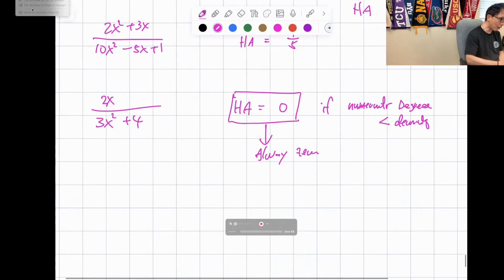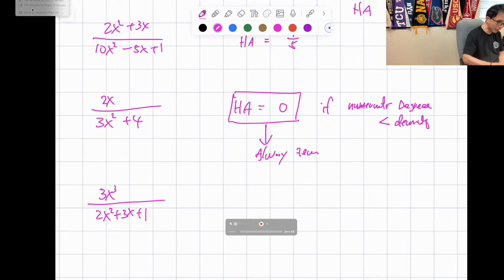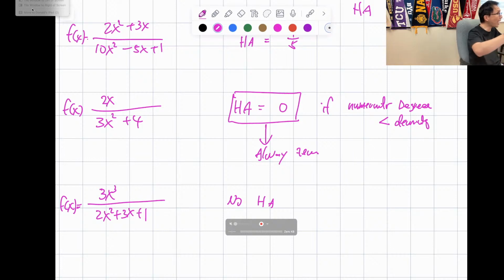Now, one more thing, if the numerator's degree is larger, then there'll be no horizontal asymptote. That's it. We're done. So if the denominator is larger, the horizontal asymptote is going to be 0. You can graph it, you can see it. Today's homework, you got to check it. Wait, if the numerator is over the denominator, that means it's none? Numerator greater than denominator is none.